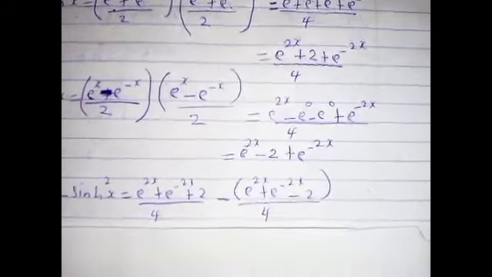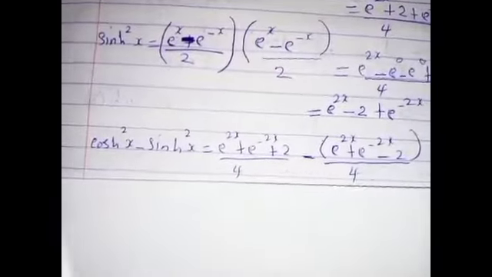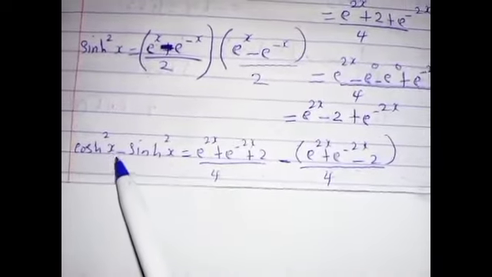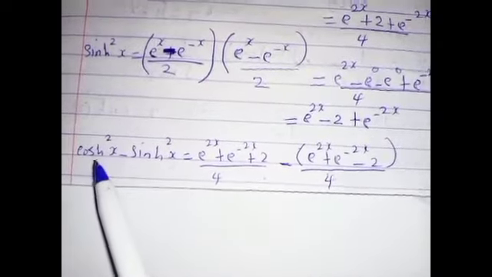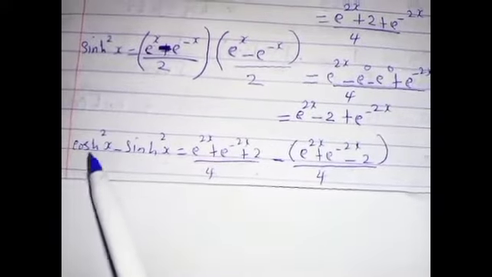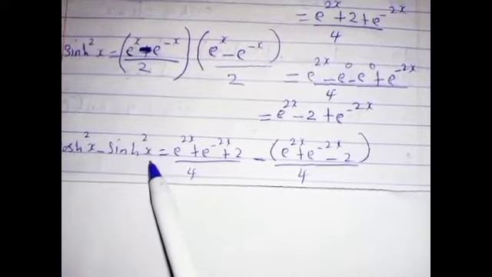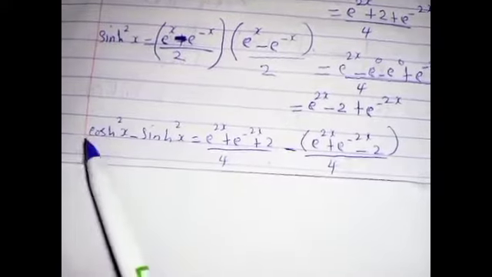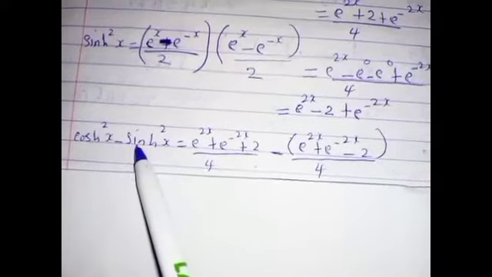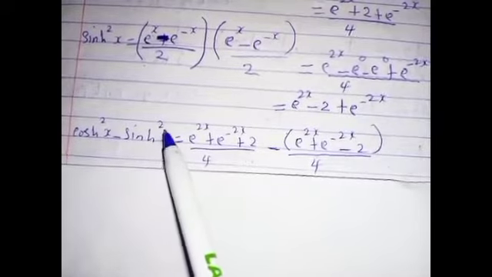Then from there, we substitute the results here, whereby we have cosh squared x minus sinh squared x. That is the hyperbolic function of cosh squared of x minus the hyperbolic function of sinh squared x.